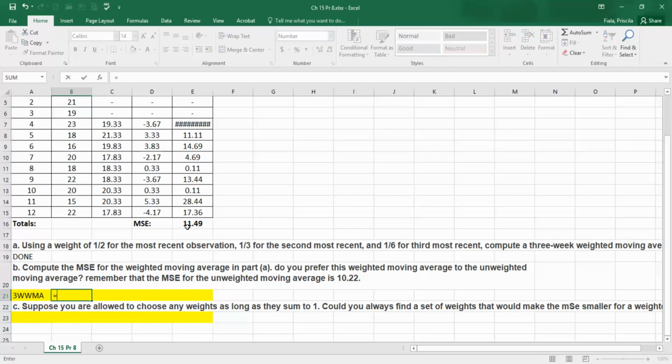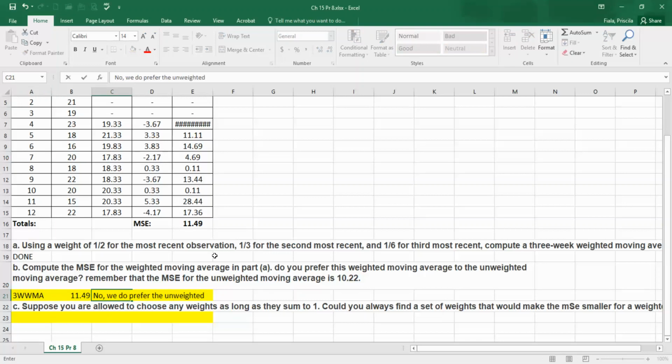It's equal to 11.49. Remember what I just said. If you find anything higher than 10.22, definitely your unweighted moving average, or the full values, are better. So do you prefer? No, we do prefer the unweighted.